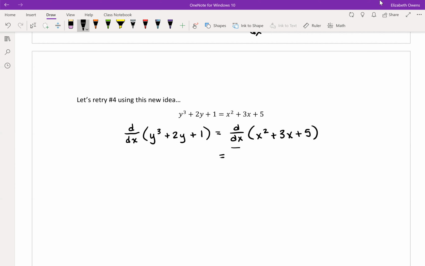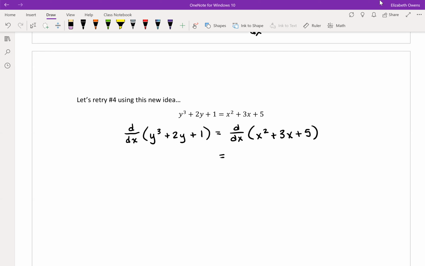And this right-hand side of the equation really proves to not be much of a problem. Derivative with respect to x of x squared plus 3x plus 5, we're used to seeing things like that now, where our derivative with respect to this variable matches the variable that's in the expression there.